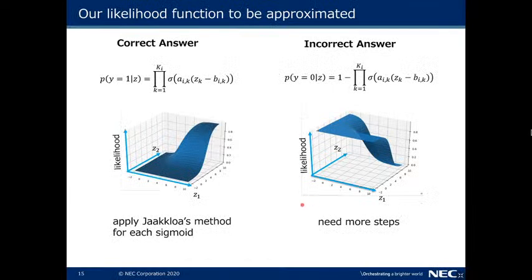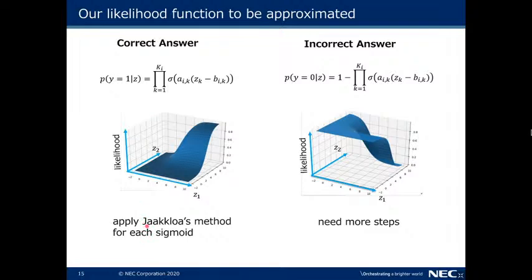So we're going to use this local variational method in our case. What was the target likelihood function to be approximated? We have the likelihood function for correct answers and incorrect answers. In the correct answer case, the likelihood can be written as just a product of sigmoid functions.